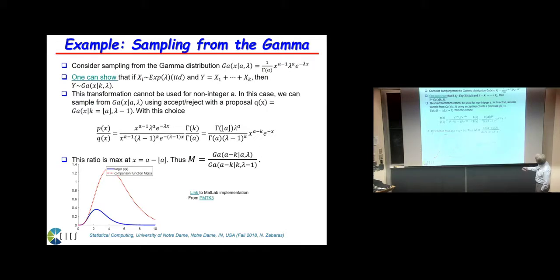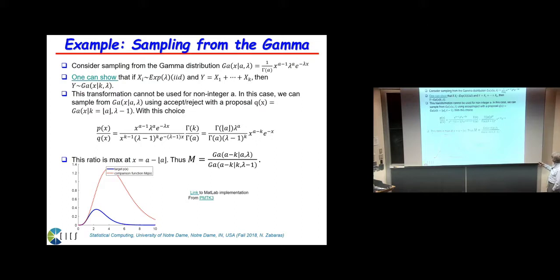This is m prime times q, where q is given by this gamma distribution that you see here. It has parameters, so we are basically playing with two gamma distributions here, okay? So this is certainly on the top of the blue distribution. This is the integer part basically of this coefficient alpha. This parameter here is lambda minus 1, okay?